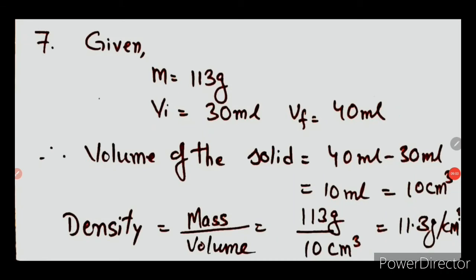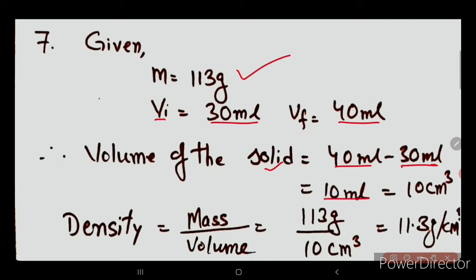Coming to the solution of number 7, the things given to us are mass, which is 113 gram, the initial volume, which is 30 milliliter, and the final volume, which is 40 milliliter. Therefore the volume of the solid can be written as 40 milliliter minus 30 milliliter, hence I shall get 10 milliliter.